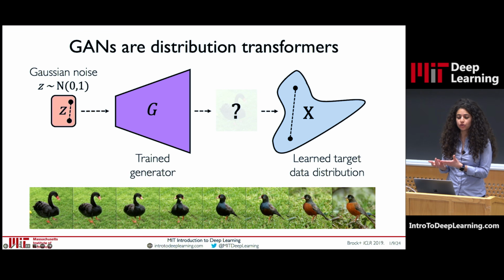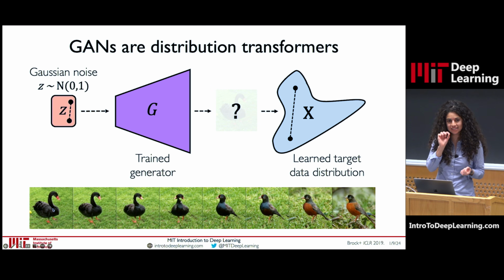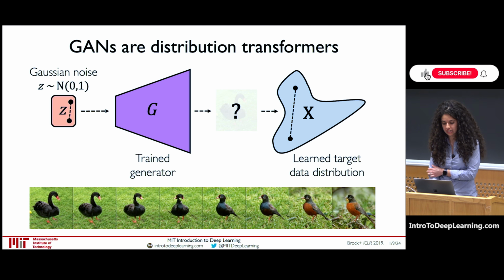It turns out that you can actually traverse and interpolate in the starting space of Gaussian noise, and generate samples that can then be traversed across the target data distribution. The results are pretty cool because you can apply the same type of initial perturbation starting from your noise sample to then produce progressive, similar images, in this case, across the target distribution.